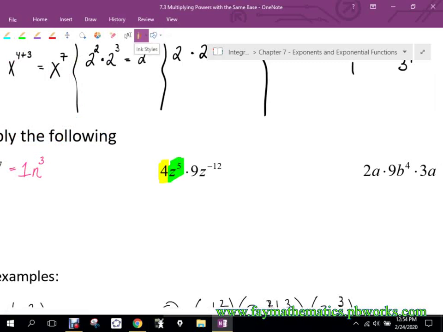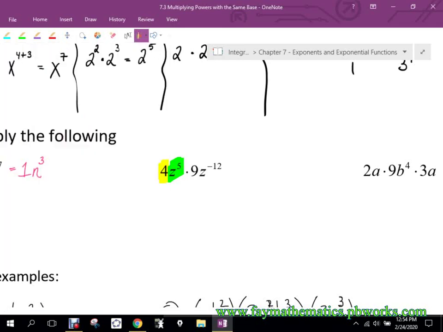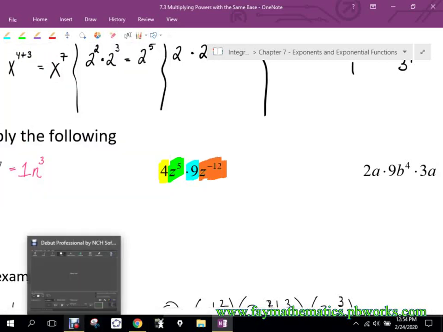So, you know, if z were 2, that number would be 32. If z was 1, that number would be 1. If z was 3, that number would be 243. Okay? We just don't know how much that is yet. We've got 9. And then I've got z to the negative 12th, which, when I know what z is, is going to be a pretty nasty looking number, but it's a number, right?